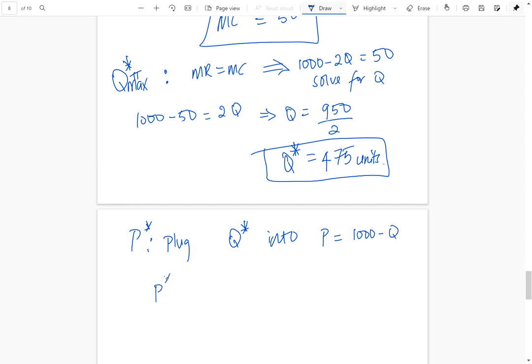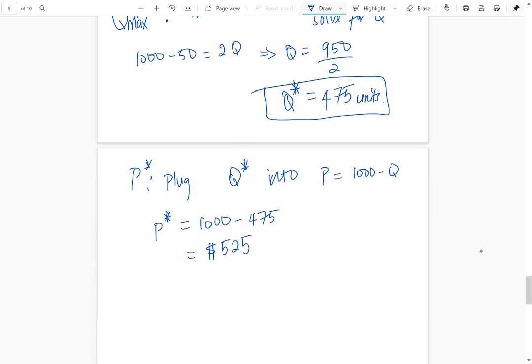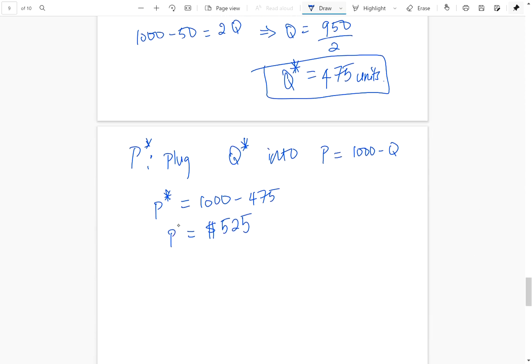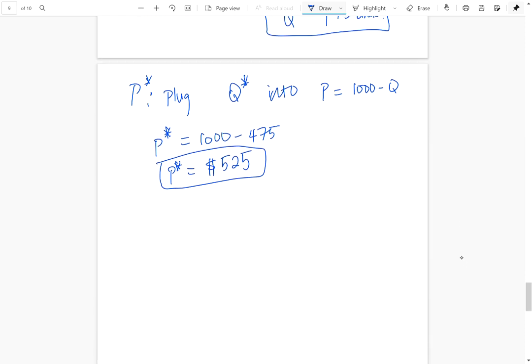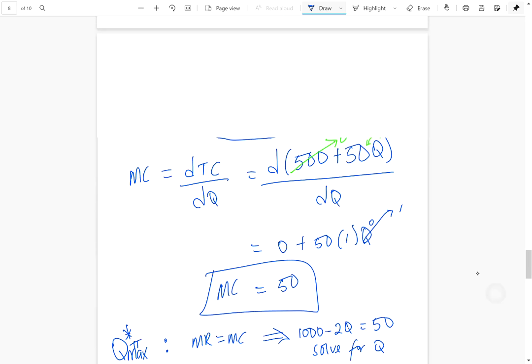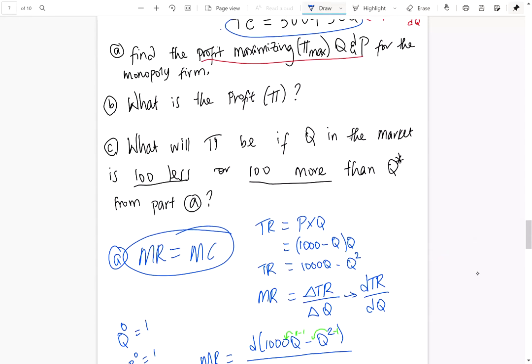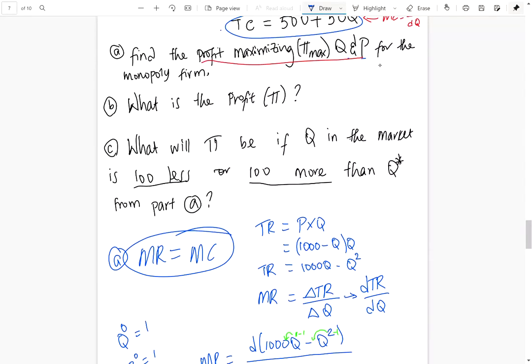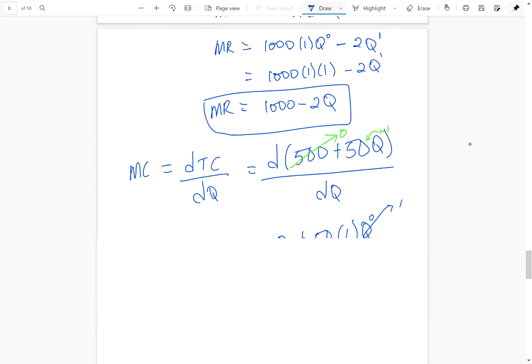So P star will be equal to 1,000 minus 475, which means that they should charge $525 for each of these 475 units. Wonderful. So what we've done here is parts A and A, right? Q and P.